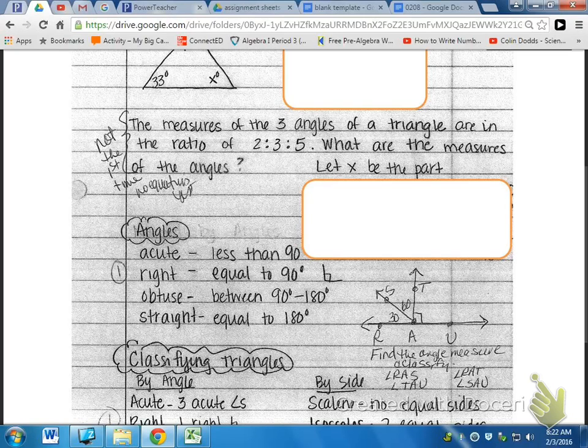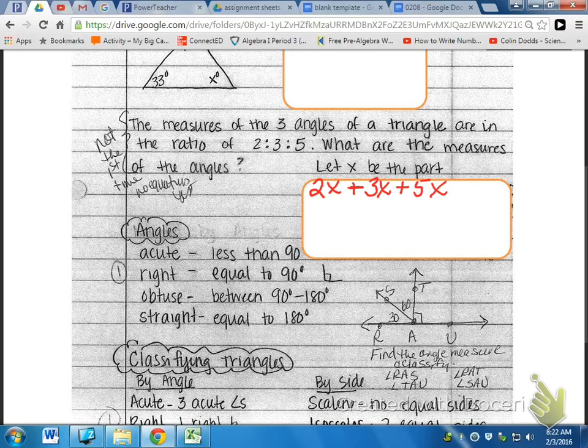So the first angle is 2 parts. I'm going to put 2x to represent that. The second angle is 3 parts. So I'm going to add 3x, 3 parts. And the third angle, I'm going to add that as 5 parts or 5x.